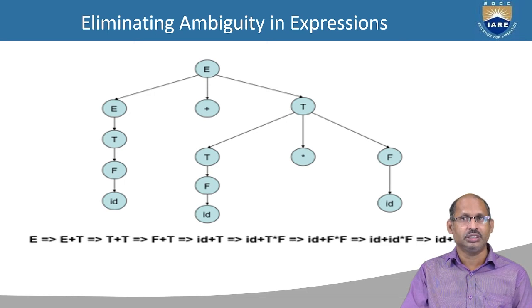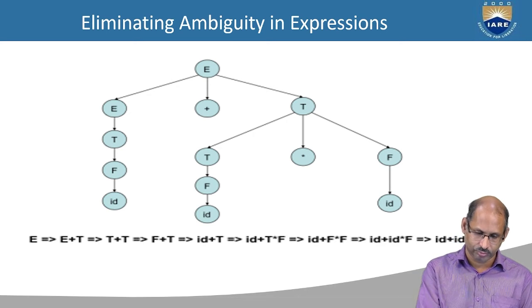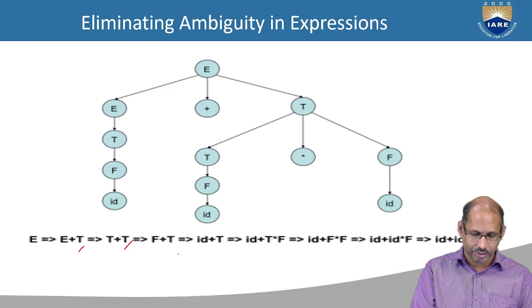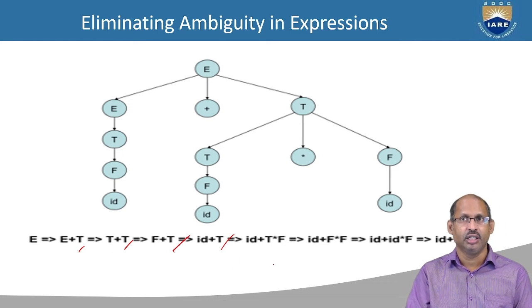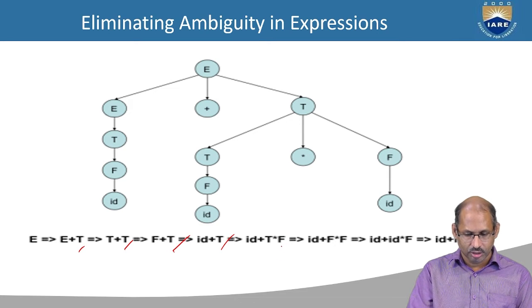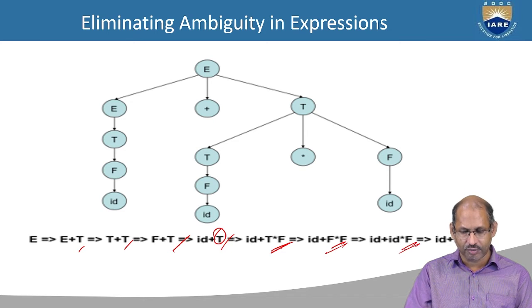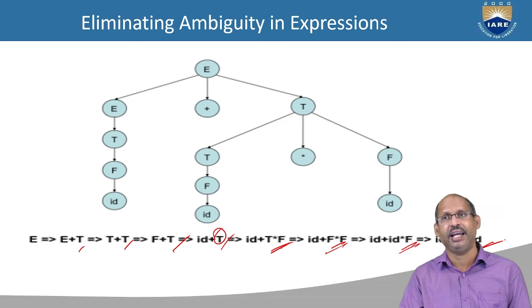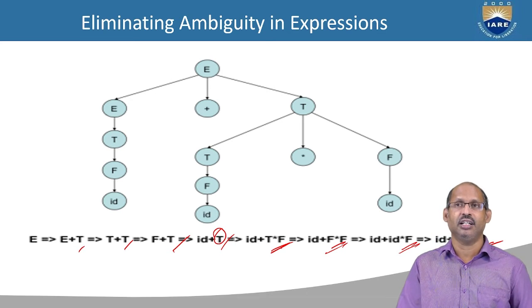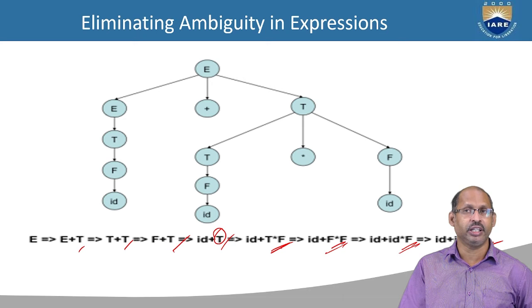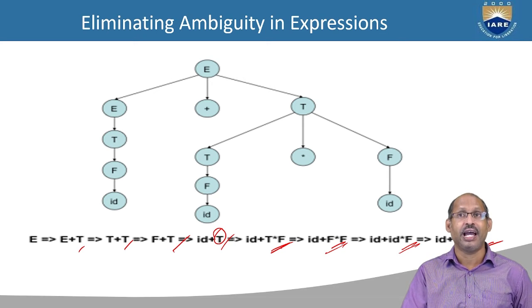So E gives E plus T, T plus T, F plus T, ID plus T. Then T gives T into F, F into F, ID into F. Then finally F equals ID. So that is the derivation, or parse tree, for the string ID plus ID into ID.